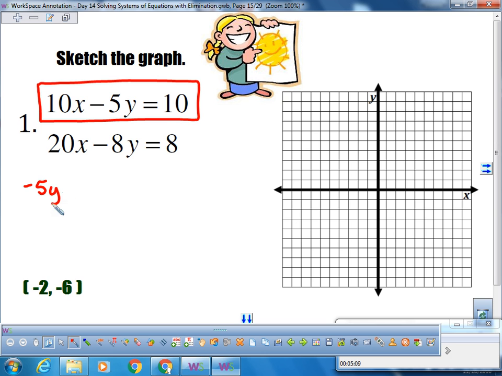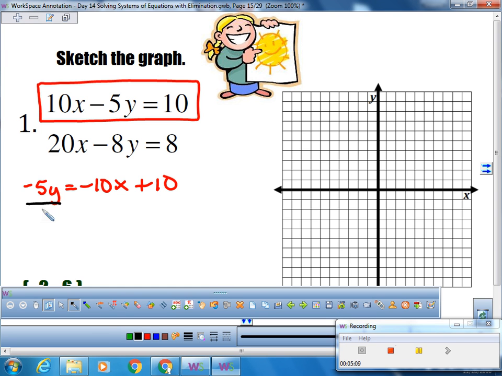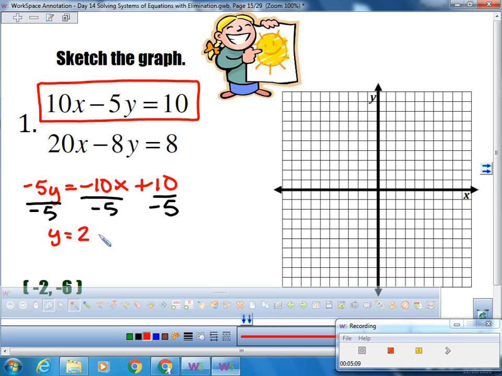So I get negative 5y plus 10. Then finally, I have to divide everybody by negative 5. When I divide everybody by negative 5, this becomes y equals negative 10 divided by negative 5 is positive 2x, and 10 divided by negative 5 is negative 2. Now I'm going to graph that, go down 2, and up 2 over 1.